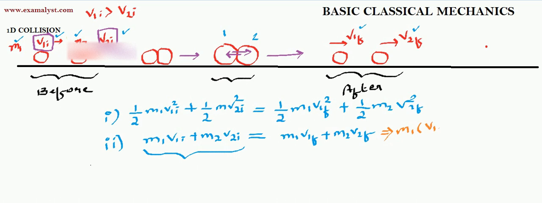If I take the v1f on this side, then I'll get v1i minus v1f. So what is v1i minus v1f? It is the difference in velocity of the ball before and after collision. So v1i is the initial velocity of the ball and v1f is the final velocity. This is equal to what?